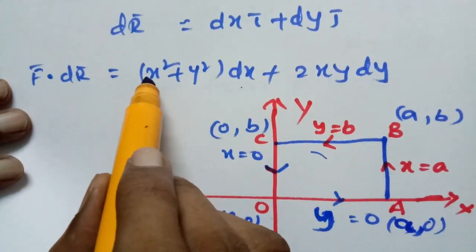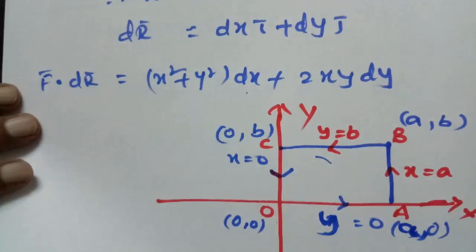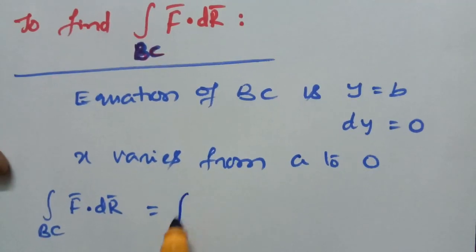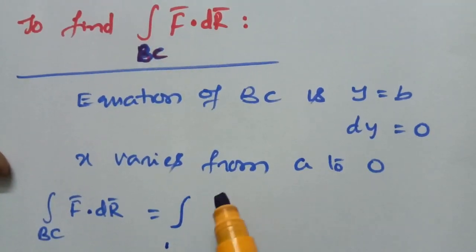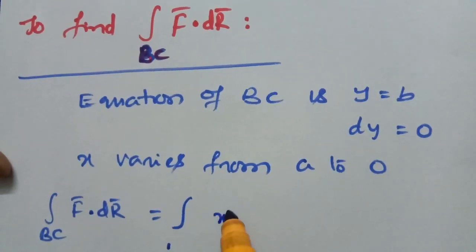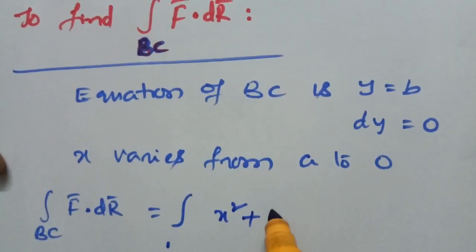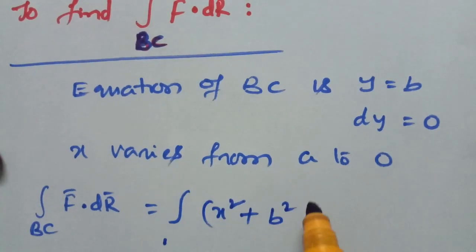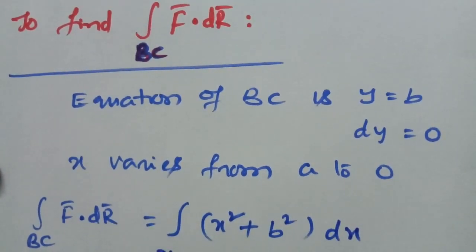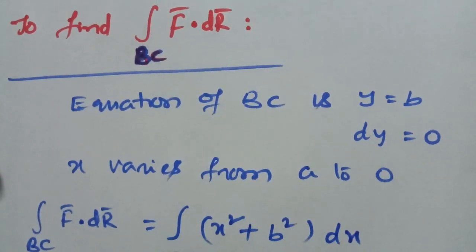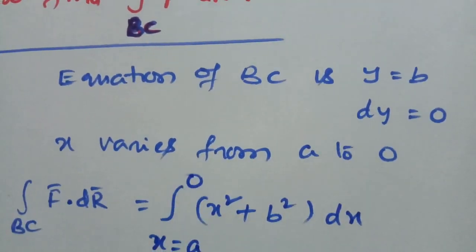Therefore we get x square plus b square into dx, x varies from a to 0.